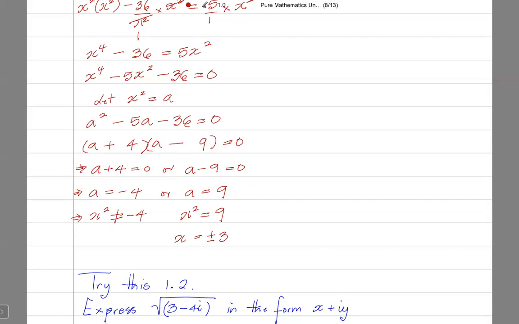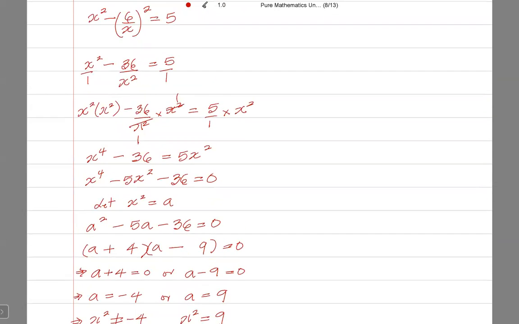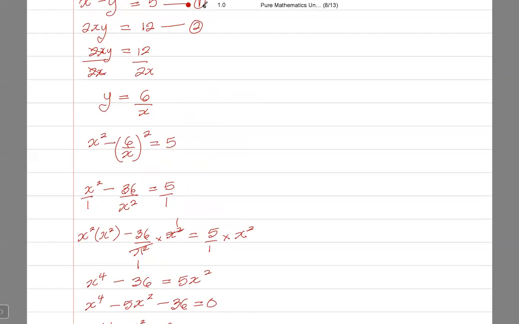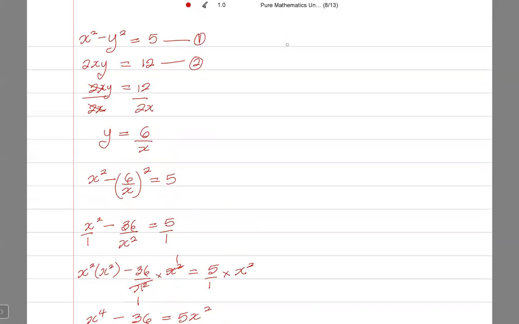So now I know what x is. I can now come back to y is equal to 6 over x, to say that y is equal to 6 over 3, or y is equal to 6 over minus 3. So y is equal to positive and negative 2.